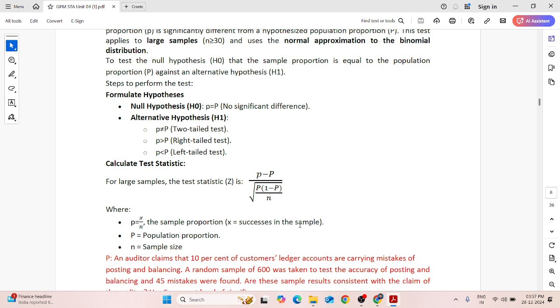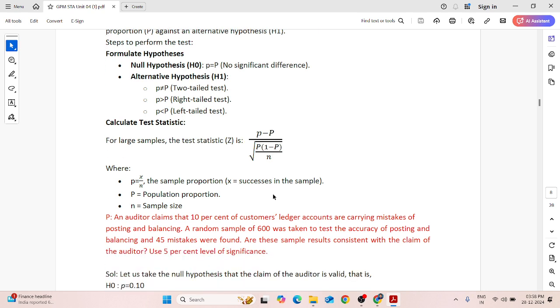So x will be the number of successes in the sample. So Z equals small p minus uppercase P divided by square root of P into 1 minus P by n, where n is the sample size and uppercase P is the population proportion.